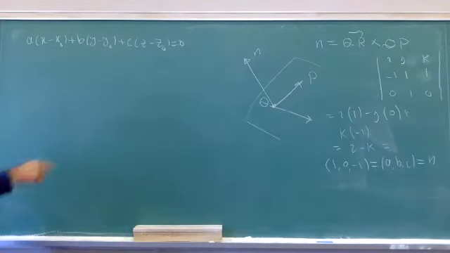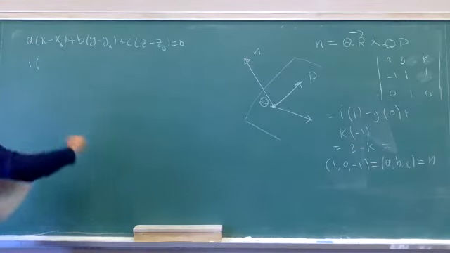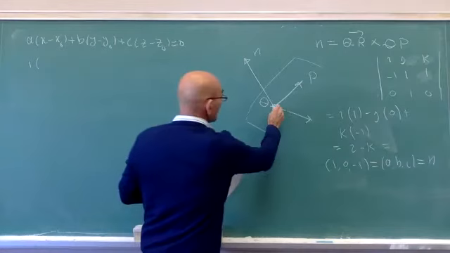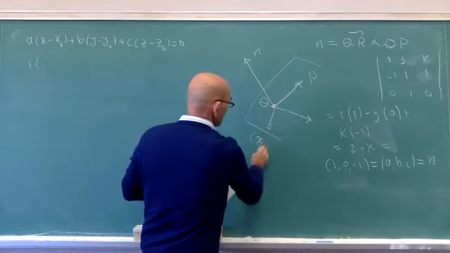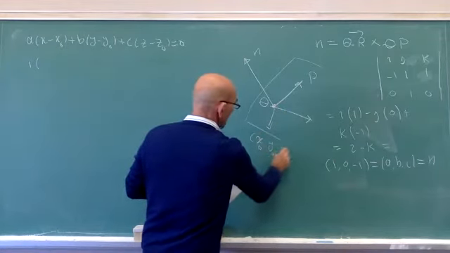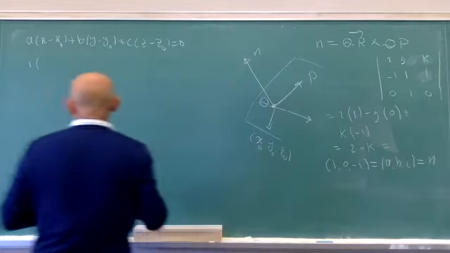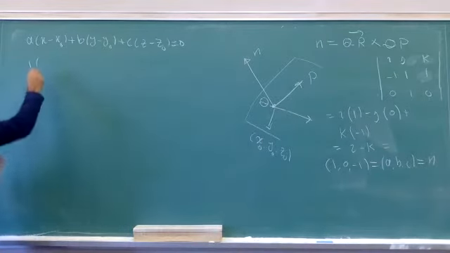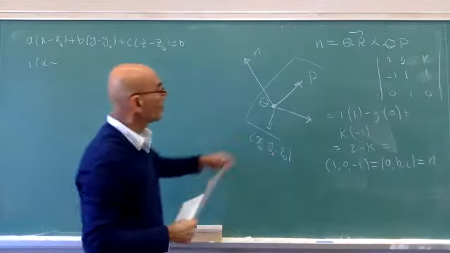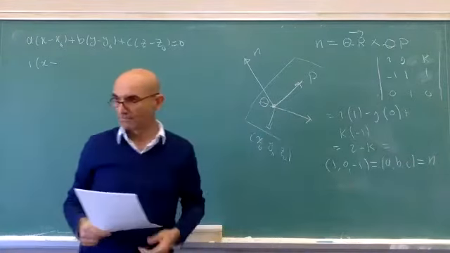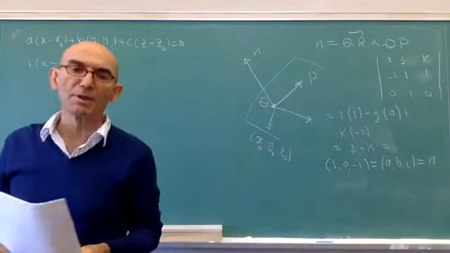So now A is, well, 1. Now x0, y0, z0, this is x0, y0, z0. I just chose this point. Okay, you get 1 times x minus, I mean, what were the coordinates of Q again? You have to tell me, please. 101.